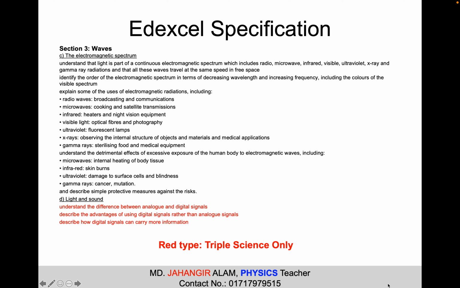We can identify the order of the electromagnetic spectrum in terms of decreasing wavelength and increasing frequency, including the colors of the visible spectrum.